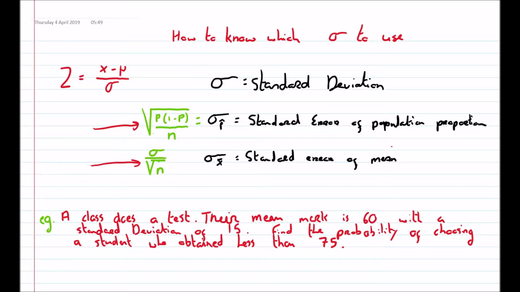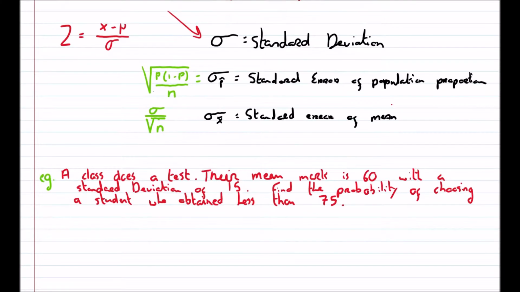I suppose it comes to you with practice, but really the rule I would have is we use this one if we're just asked a very simple question like find the probability of something. Okay, so for instance, this question here. This one is a very simple question.